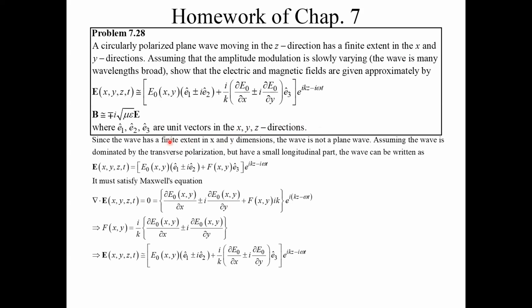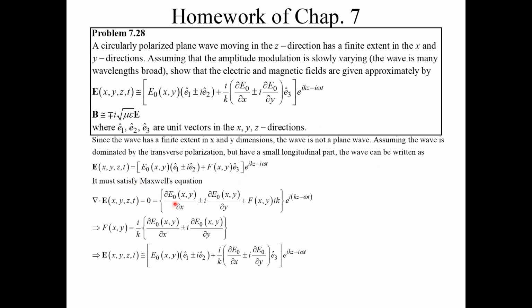Okay, since the wave has a finite extent in the two dimensions, the wave is now not a plane wave. And assuming the wave is dominated by the transverse polarization, but has a small longitudinal part, the wave can be written as E equals to this one. We have the formula like this, and it satisfies the Maxwell equation.